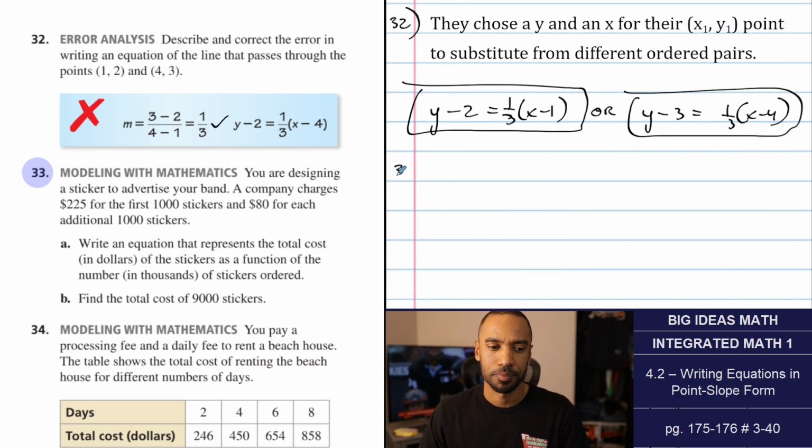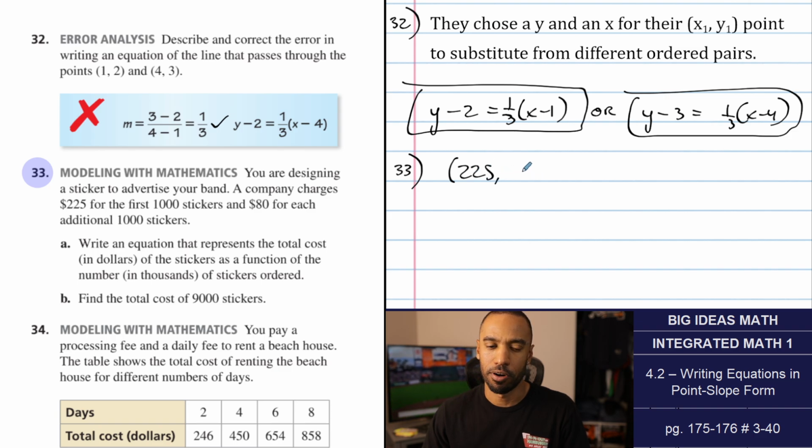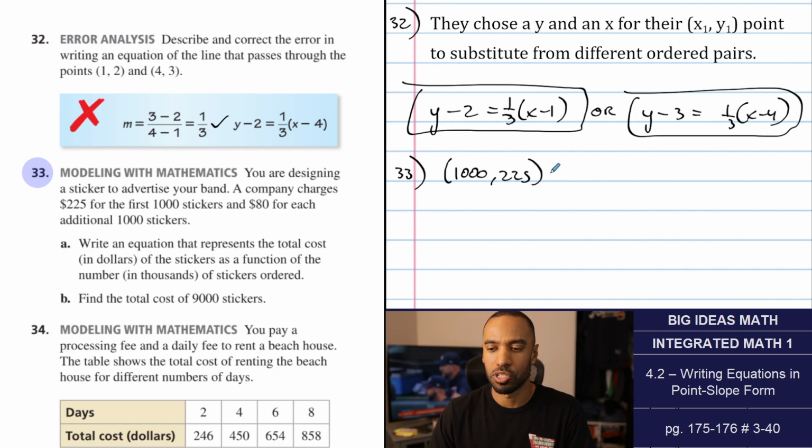Number 33. You are designing a sticker to advertise your band. A company charges $225 for the first 1,000 stickers. Oh, I feel like x is supposed to be stickers. For 1,000 stickers, we choose $225 and $80 for each additional 1,000 stickers.